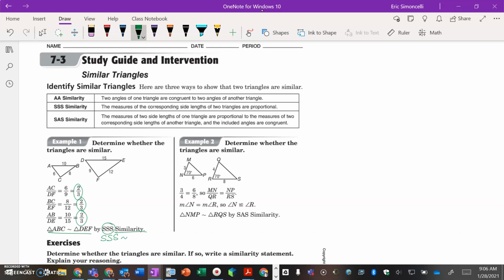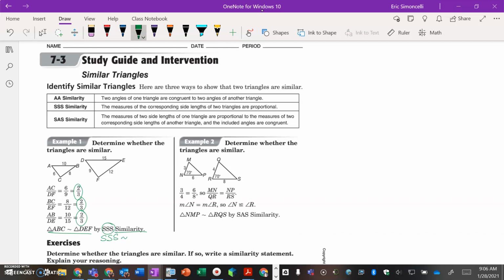So we'll say 3 is to 4, MN is to QR, as hopefully NP is to RS, or 6 is to 8. And it is true that 3/4 equals 6/8, so we know that this is a true proportion.